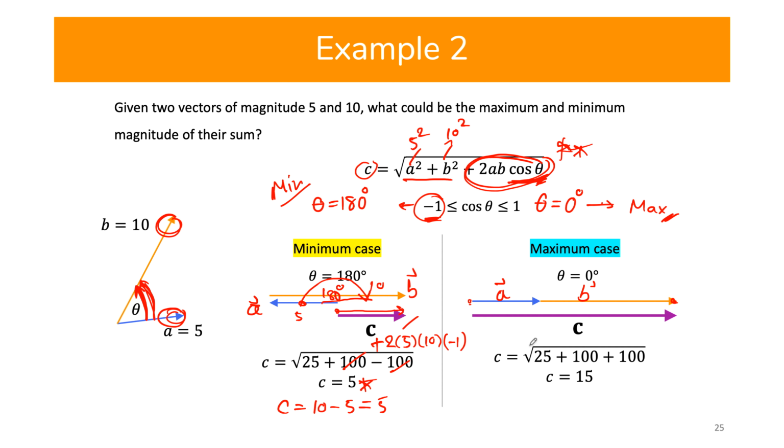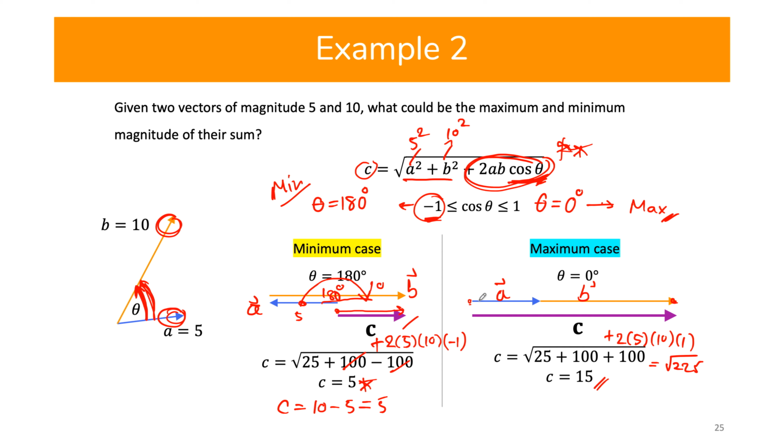So C is equal to square root of A squared plus B squared plus 2AB cosine theta, and cosine theta is 1 in this case. So you're adding 100 to whatever comes ahead. So in total, it will be square root of 225, and therefore C is 15.